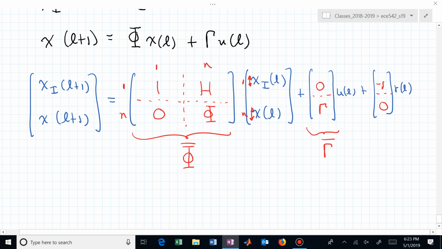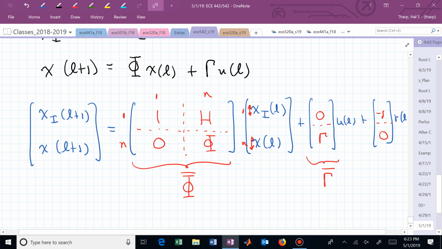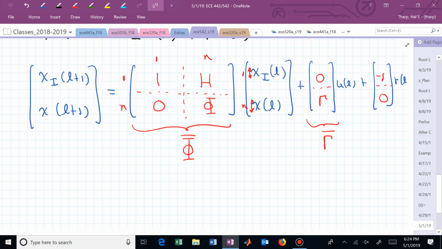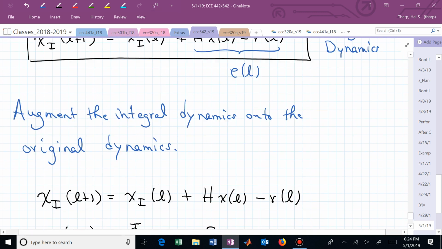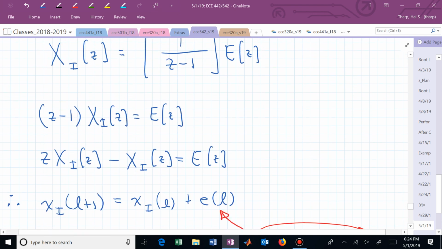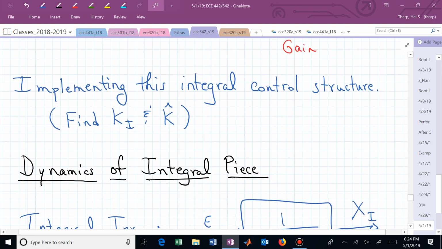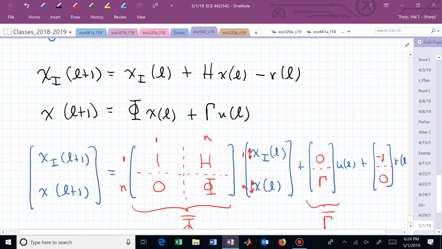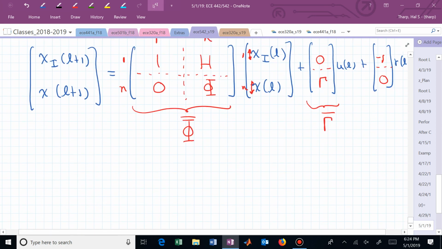Do you see how we could now find the k sub I and the k hat? That is going to now be determined by the K matrix associated with this full state feedback design problem involving phi bar and gamma bar.